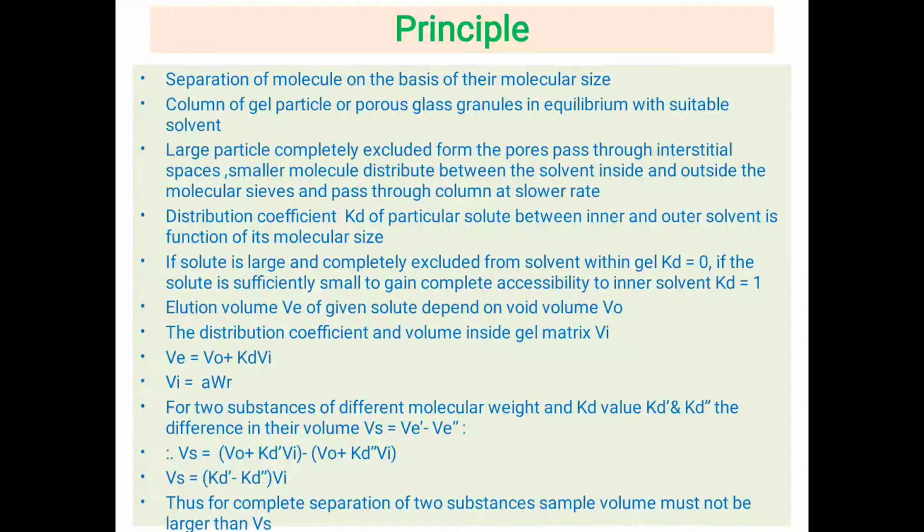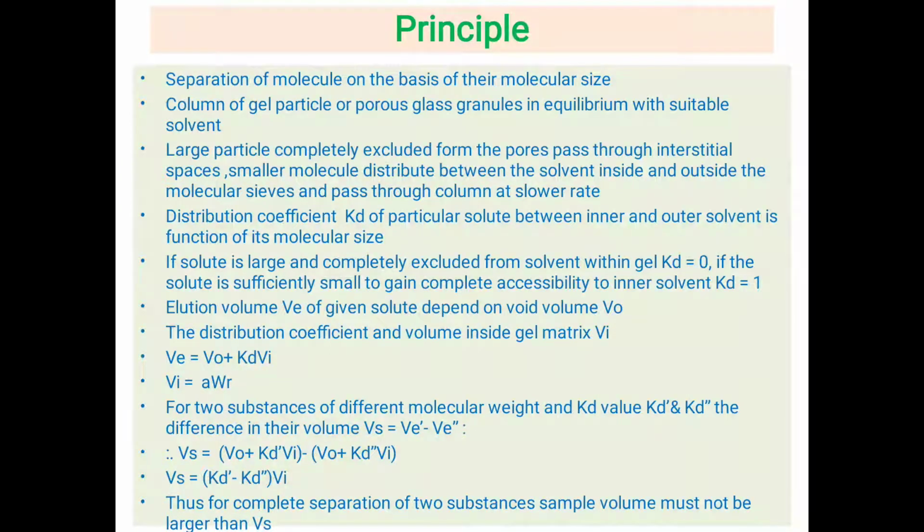Then the distribution coefficient, Kd, of a particular solute between inner and outer solvent is a function of its molecular size. So Kd is the ratio of the components in two solvents.